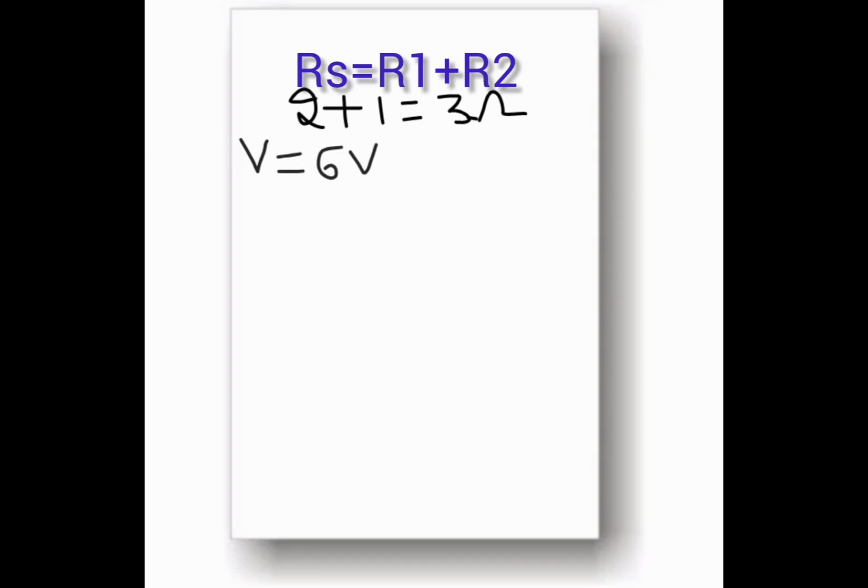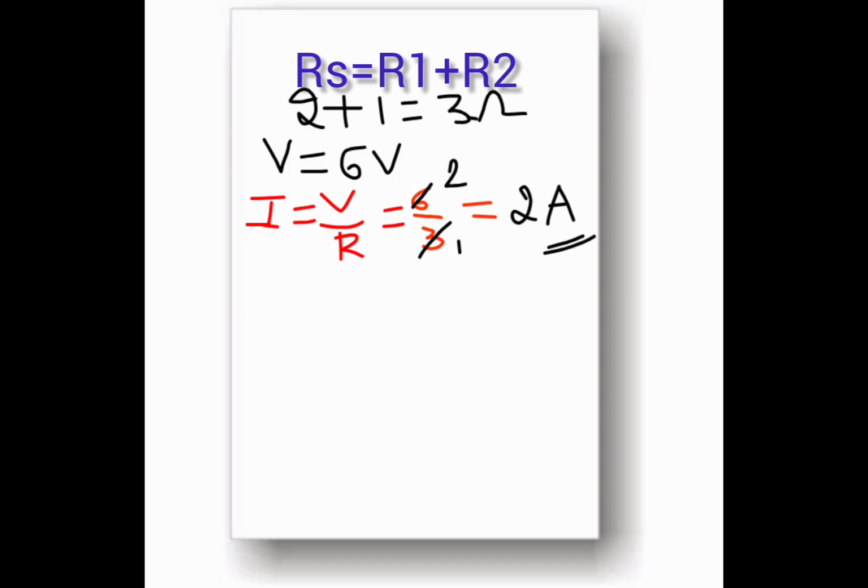They gave the potential difference in the circuit, that is 6 volt. Now by using the resistance value and potential difference value, we can find the current. According to Ohm's law, we can write V is equal to IR. I becomes V by R. Now substitute V value as 6, R value as 3 in the formula. Now what will we get? 3 ones are 3, 3 twos are 6.